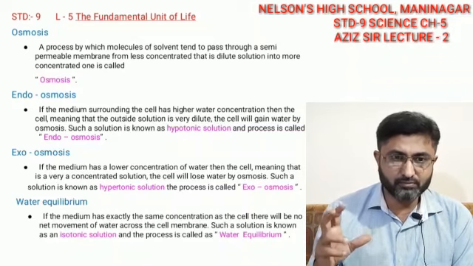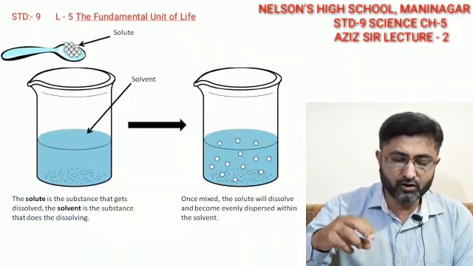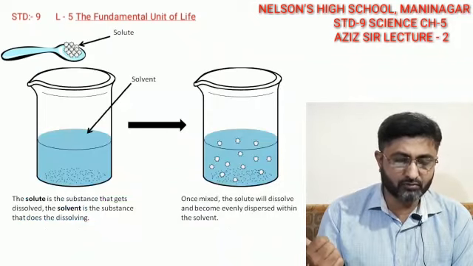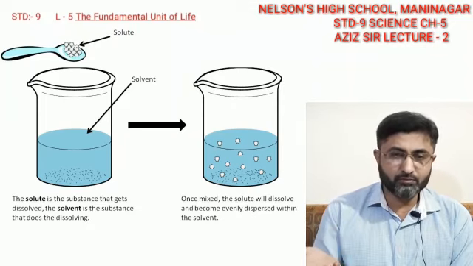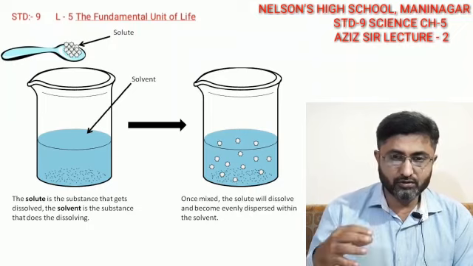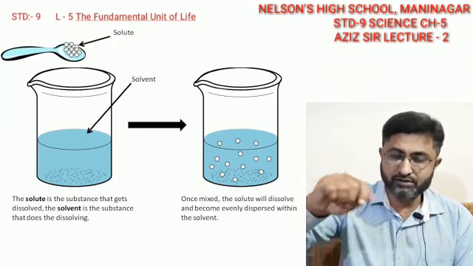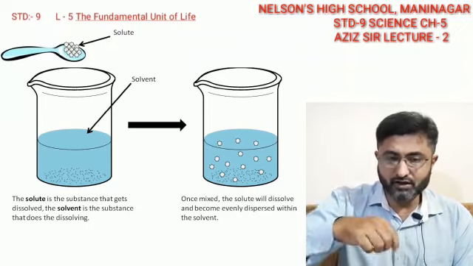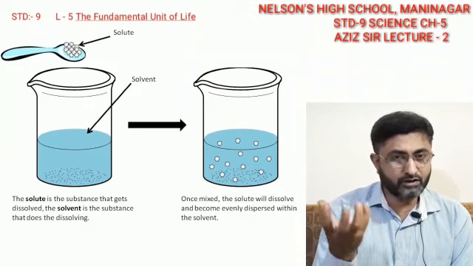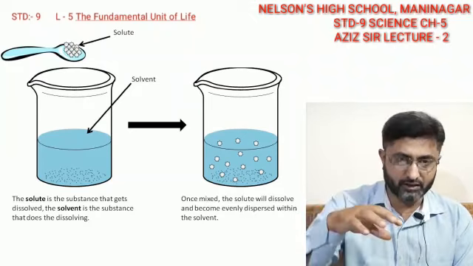There are two things, solute and solvent. The solvent is the material which makes the solute soluble. If I take salt and put it inside water and stir it, you say it's a salt solution, but the solvent is water and the solute is salt.